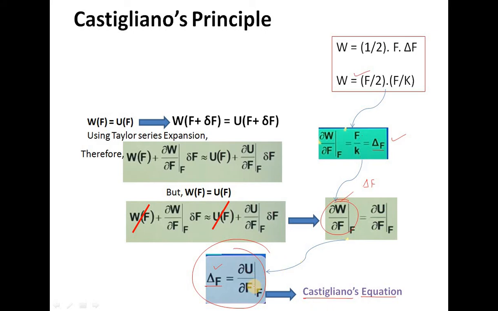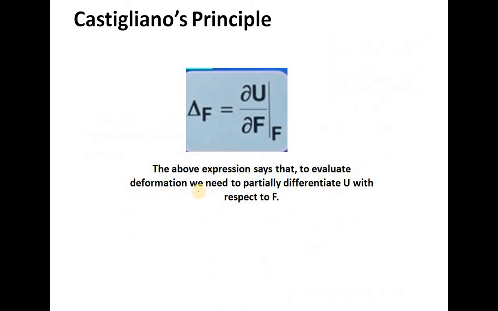This is the final form of the Castigliano's equation, which we can use to find the deflection at any point on the beam. Now the above expression says that to evaluate the deformation, we need to partially differentiate U with respect to F. That is actually the principle of Castigliano's theorem.